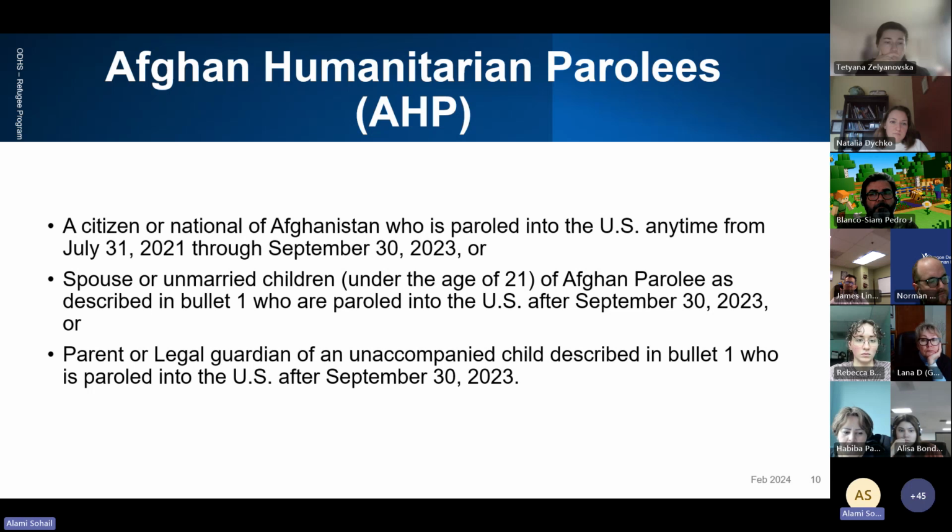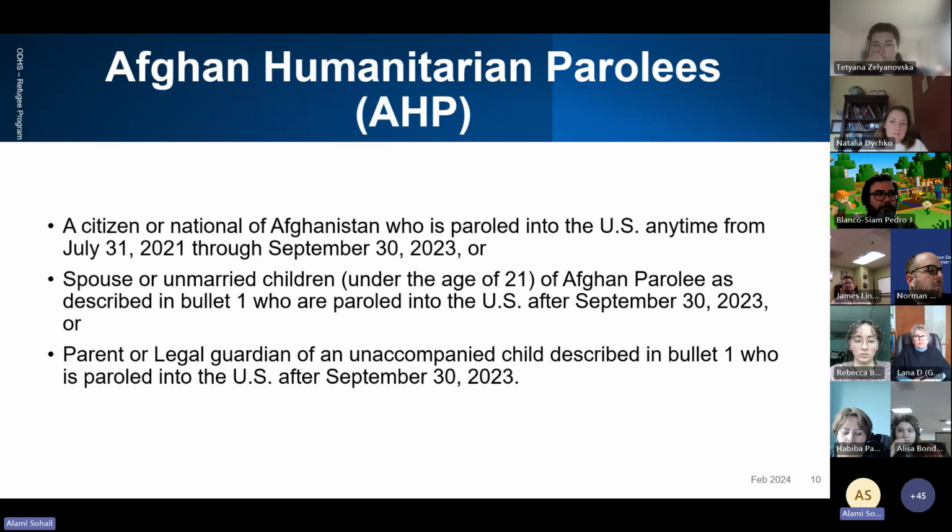Now, there are a couple of exceptions to that. A spouse or an unmarried child of somebody who was paroled during that period, if they come into the US after September 30th, 2023, to join their family member, then they would be eligible as well.